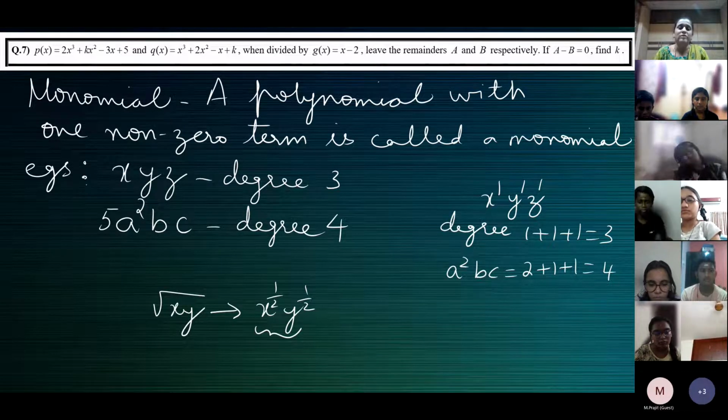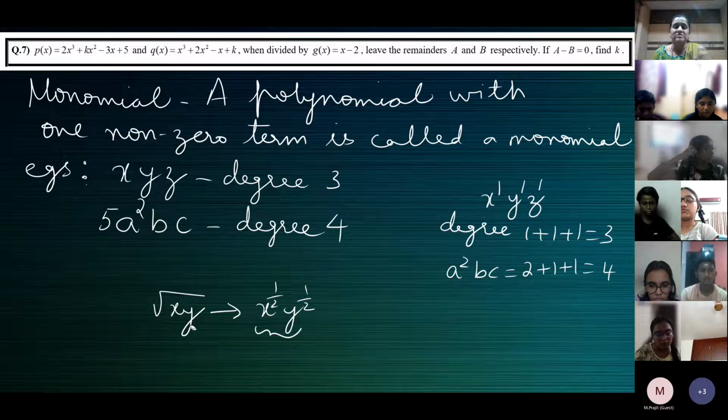If it's not a polynomial, how can you call it a monomial? It is an algebraic expression. That's all. It's just an algebraic expression. So we need to be careful there. Just because it looks like there is only one term, you shouldn't immediately call it a monomial. There can be one term, but you must first understand if that single thing is a polynomial.